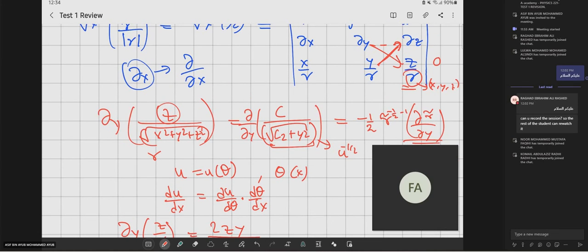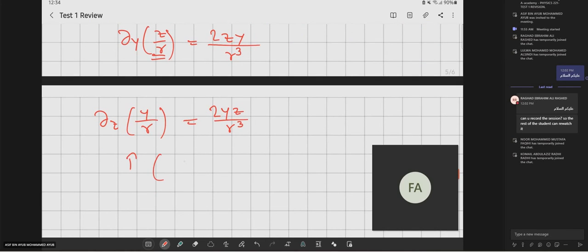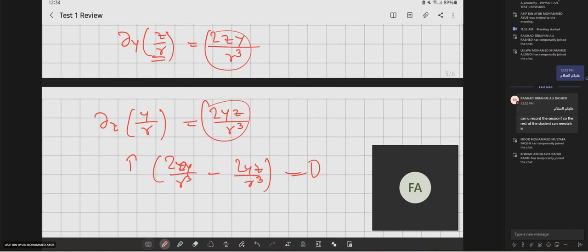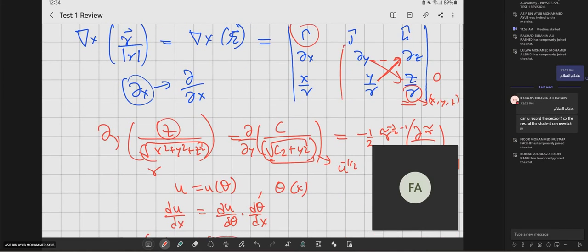The off-diagonal multiplication has a minus sign. So if I take the ith component, I'll have this minus this. So 2zy over r cubed minus 2yz over r cubed, which is 0. This is the ith component. That's what we did right here.